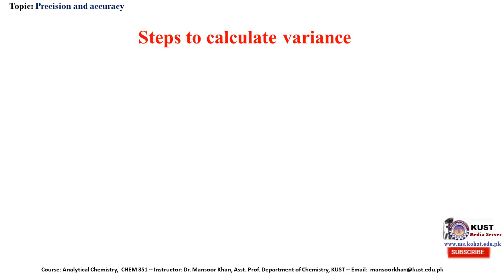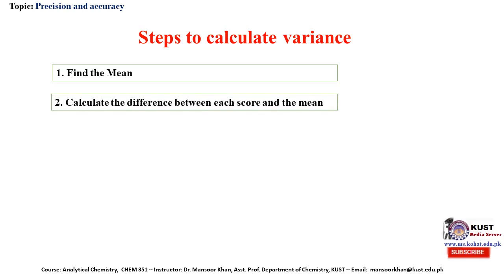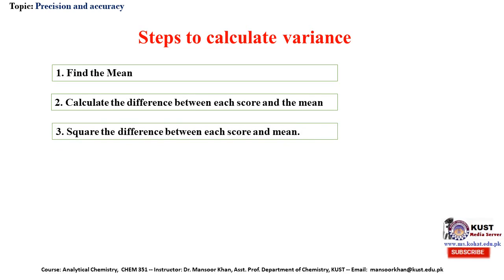This slide shows the steps to calculate variance. The first step is to calculate the mean of the data set. The second step is to calculate the difference between each score and the mean. The third step is to square the difference between each score and the mean.